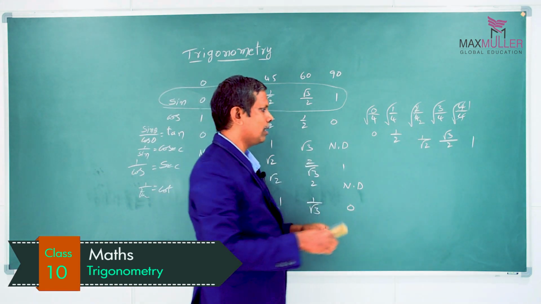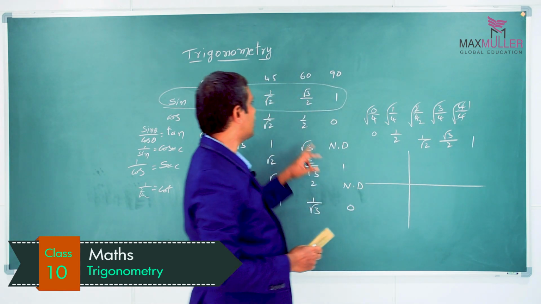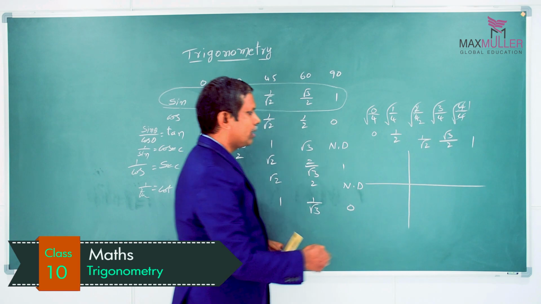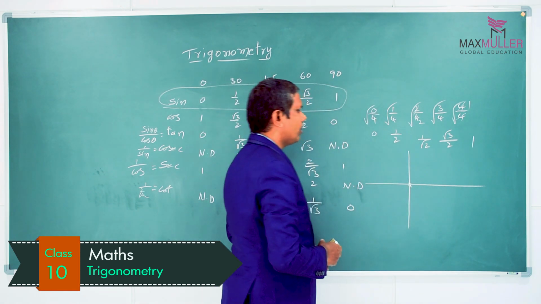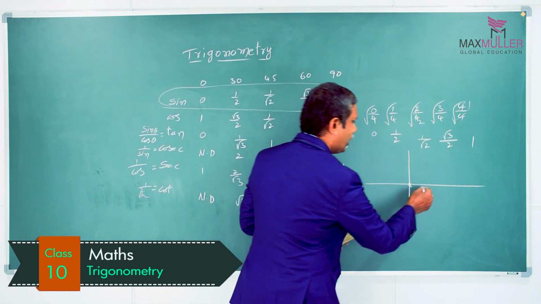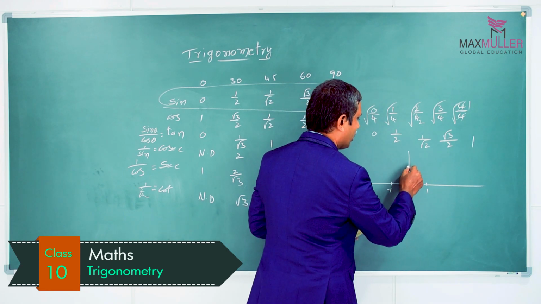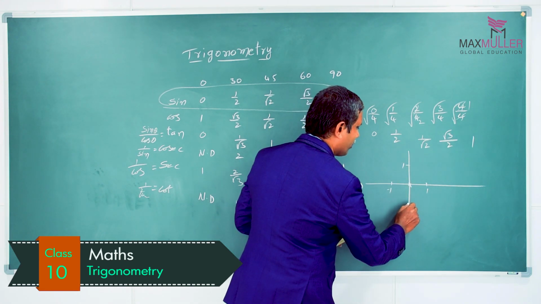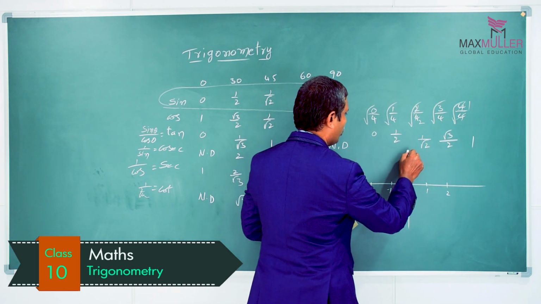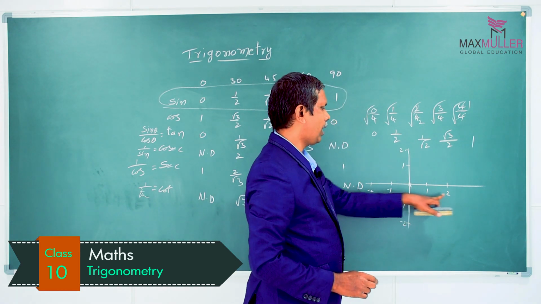So we will discuss one time, that is the graph of the sine. Here what is the value of sine 0? Sine 0 is nothing but 0. And what is the value of sine 30? 1 by 2. Here I am taking 1 on the y axis, and this is minus 1. Like this.